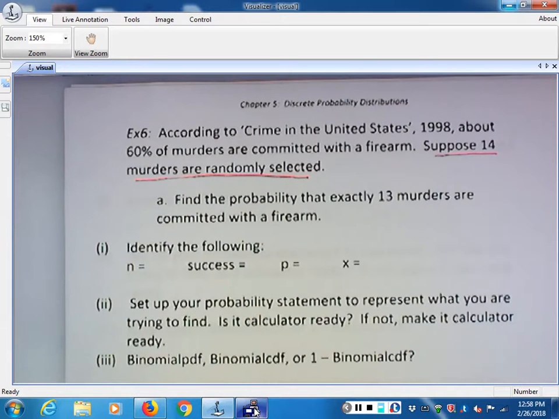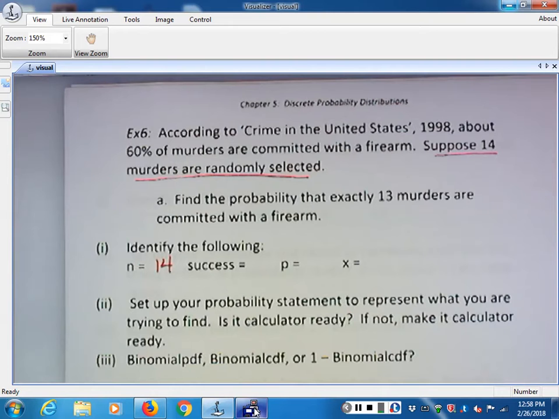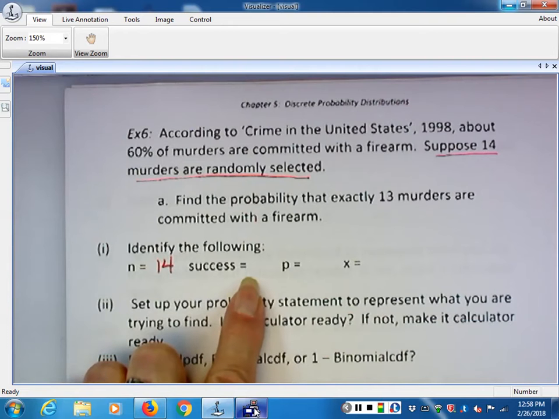Randomly selected usually tells you what N is. And remember I said, success isn't always good and failure isn't always bad. What is success? What are we counting? Someone got murdered with a firearm.